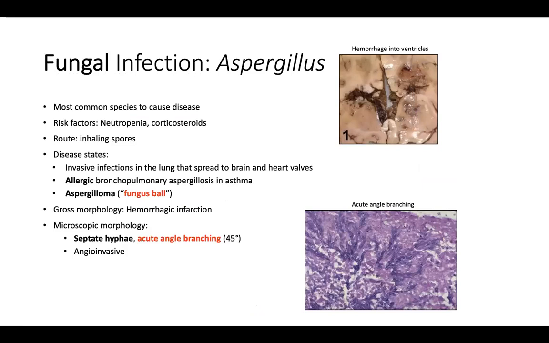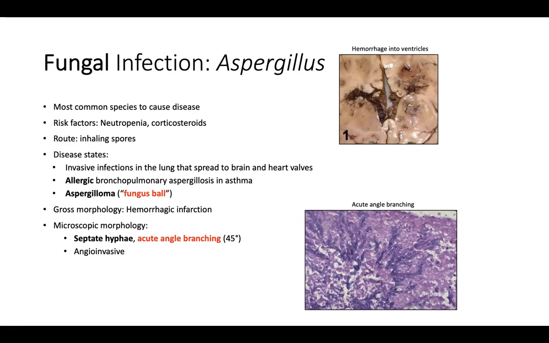Aspergillus is going to be acute angle branching. So acute aspergillus. You can get fungus balls. So what happens is a patient has, let's say, tuberculosis, and they've got like some big cavity. The thing that sometimes affects the cavity later is going to be aspergillus. Or let's say that they had like a big abscess in their chest, sometimes like in their lung.